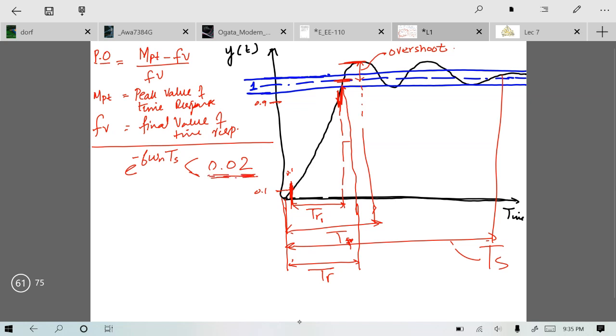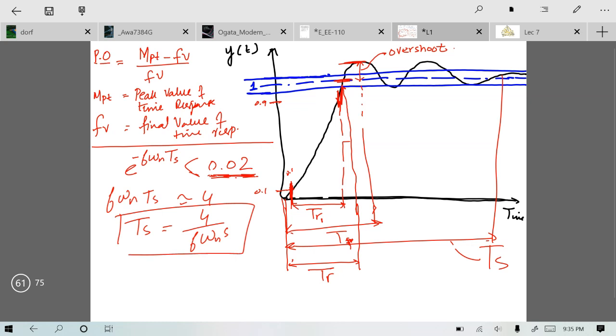If someone says it should be 5%, you change it to 0.05. So taking log, we have zeta omega n ts equal to 4, so settling time ts is equal to 4 over zeta omega n. This is the expression for settling time.